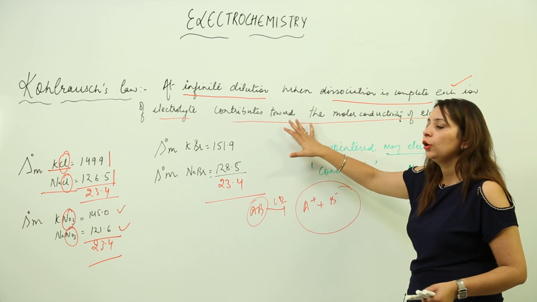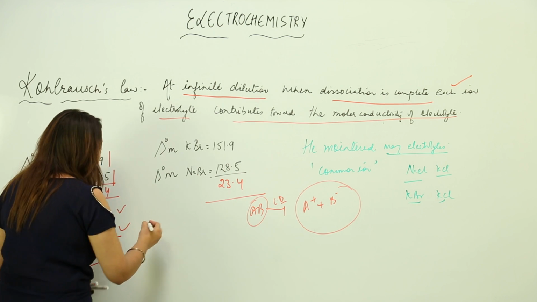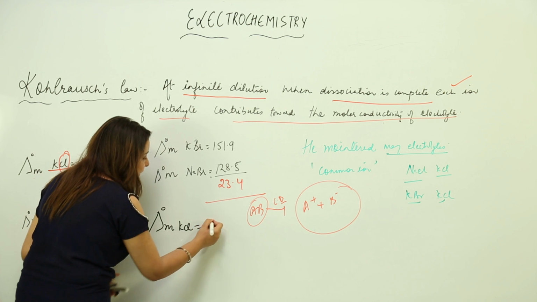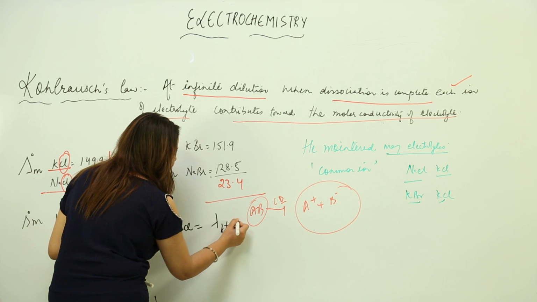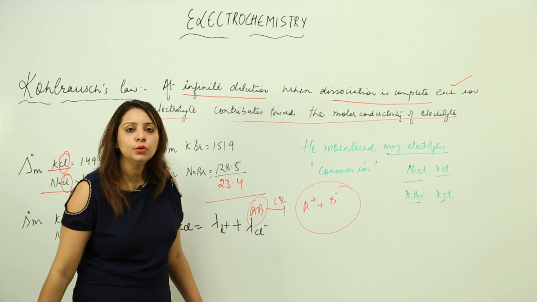This is Kohlrausch's Law. If I need to express it mathematically, I can write that the molar conductivity of KCl is equal to the conductivity of K positive ions plus lambda Cl negative, that is the conductivity due to the chloride ion.